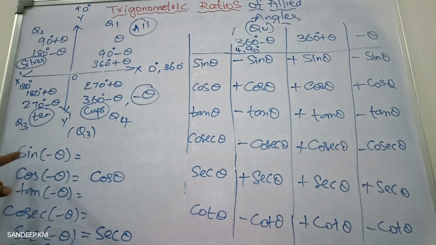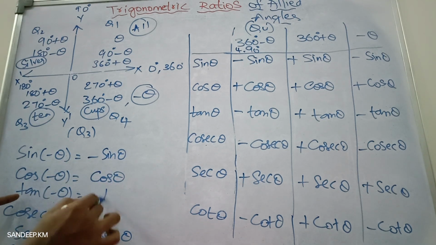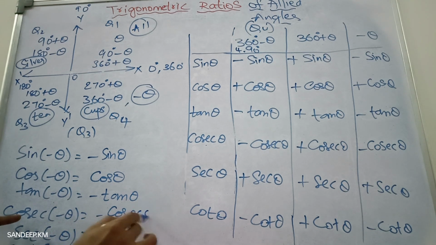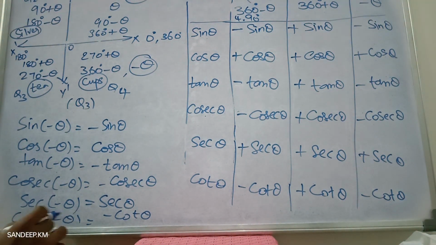And in the remaining cases, sin of minus theta is minus sin theta, tan of minus theta is minus tan theta, cosecant of minus theta is minus cosecant theta, cot of minus theta is minus cot theta. I hope you understand why this is happening. Cot of minus theta is minus cot theta.